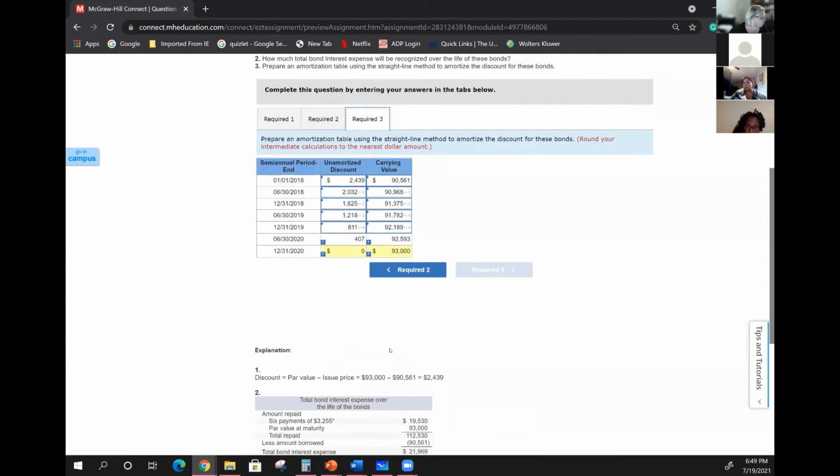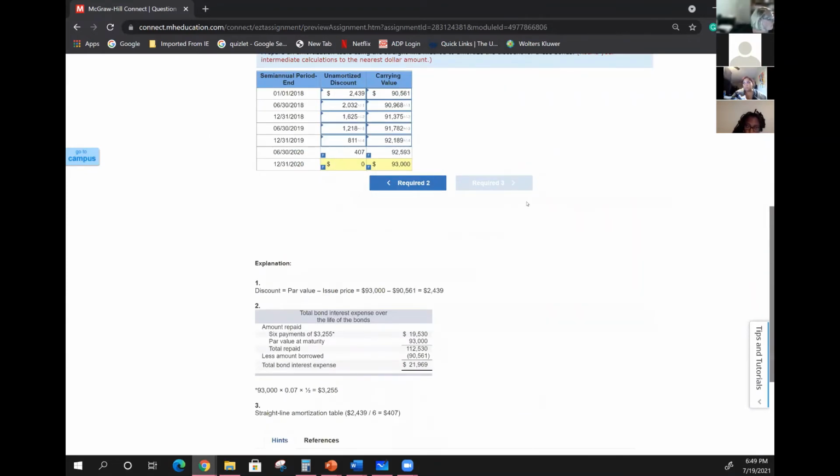So you want to take the 2,439 divided by the 6 payments, which is 406.50. They show you in 407 down here. So what happens on the first date, 1/1/18, is when you have the selling of the bonds.